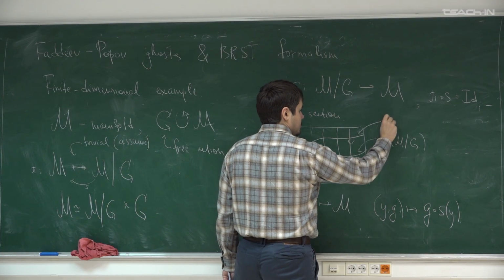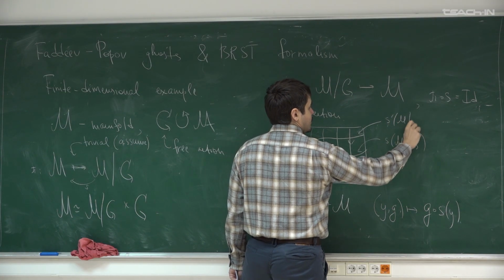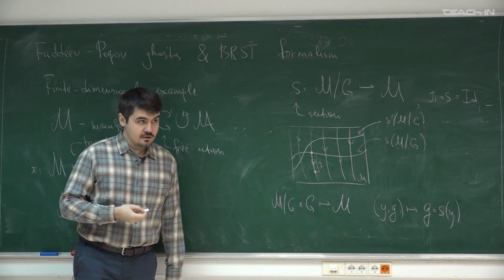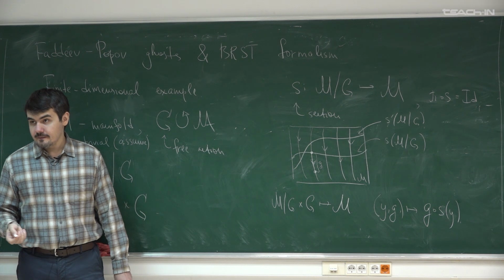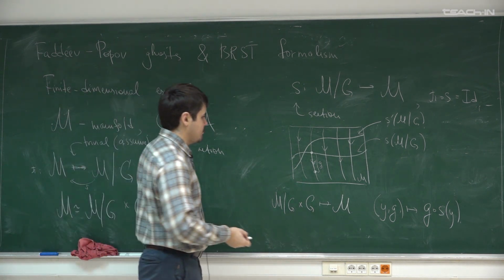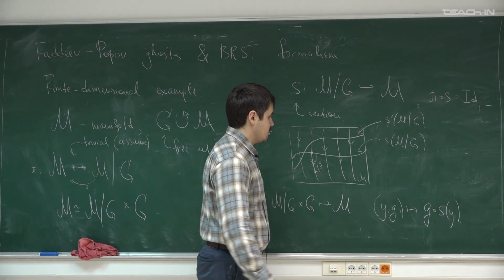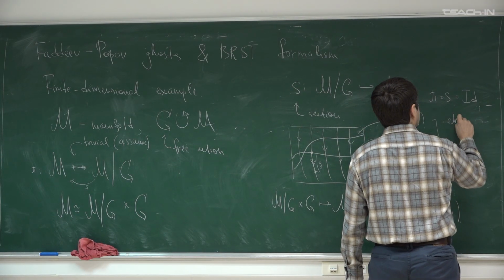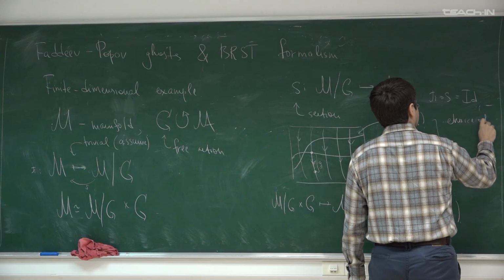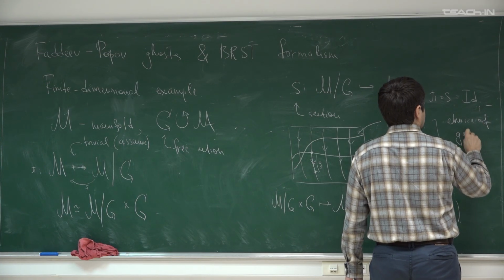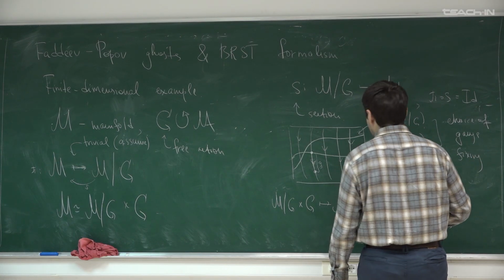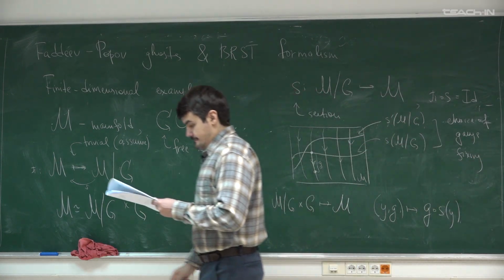So this is S prime, M over G. And so in gauge theory, these are the gauge fixing conditions, right? The choices of representatives in each gauge orbit. So this is a choice of gauge fixing.